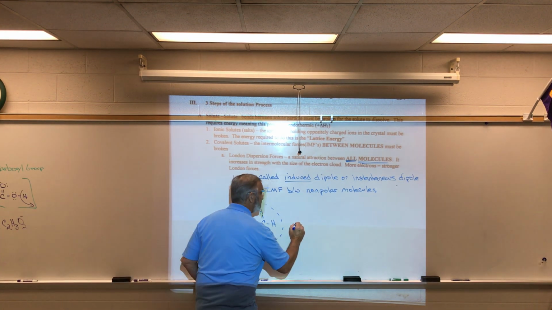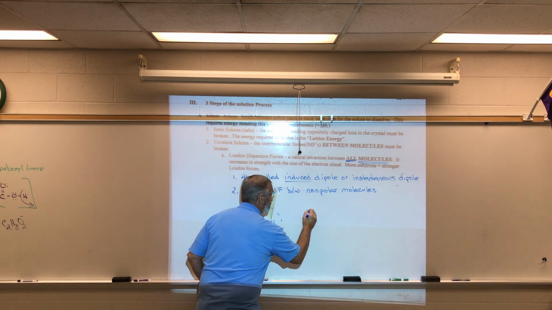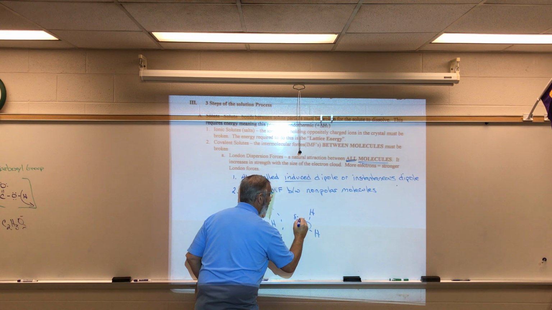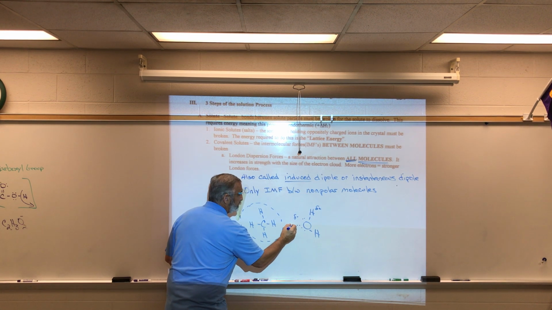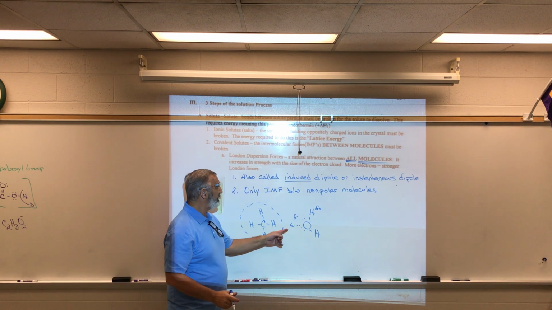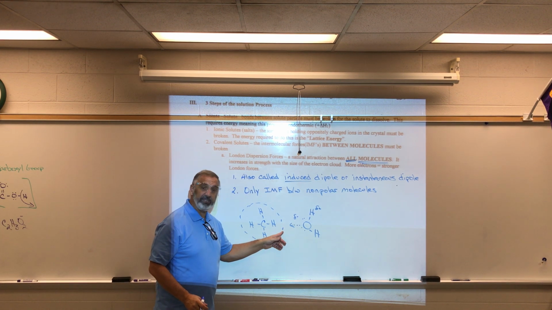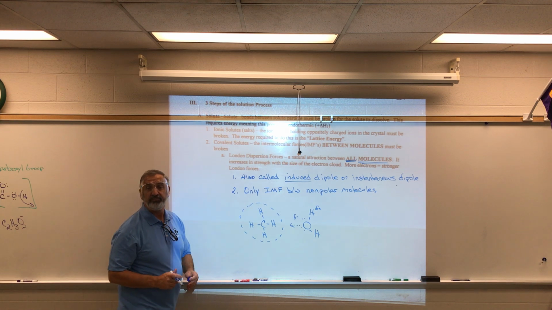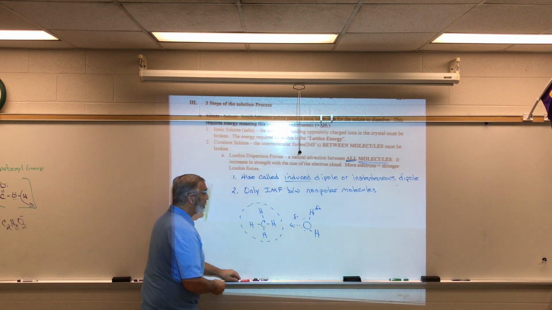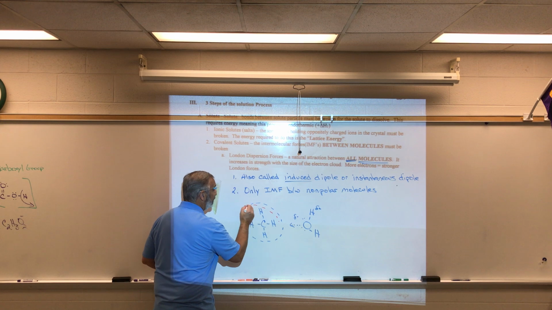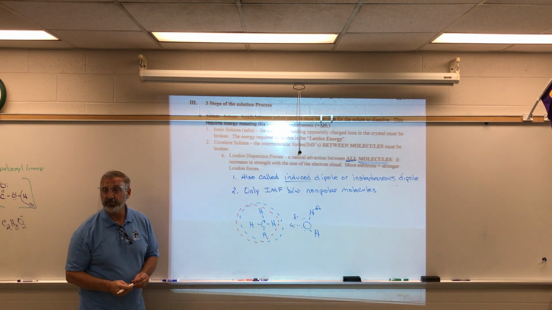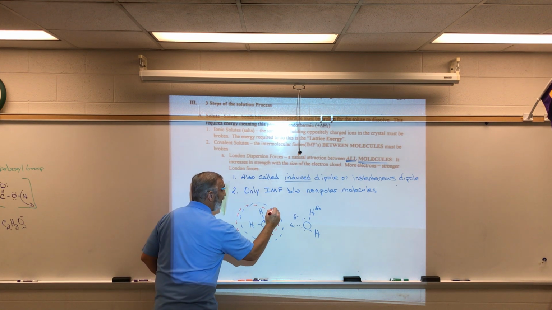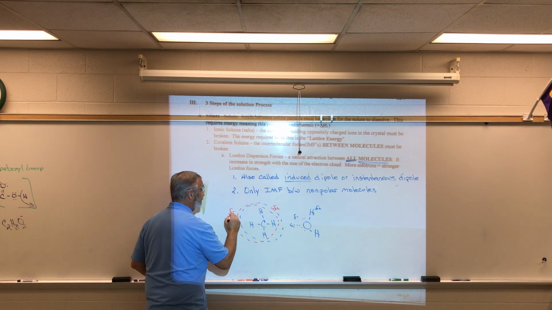But when water comes in, with its negative and positive ends, when this starts approaching here, well, what do we know about negative electron cloud and negative electron cloud? They're going to repel. And so this electron cloud is going to get distorted. Now it's no longer symmetrical. So now we have a positive end here and a negative end here.